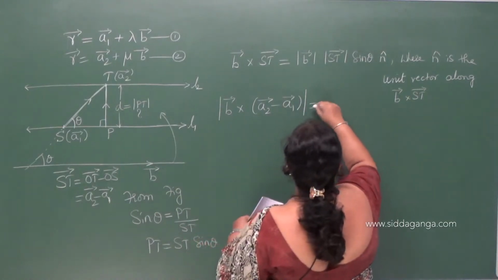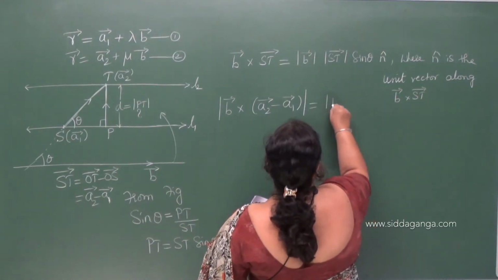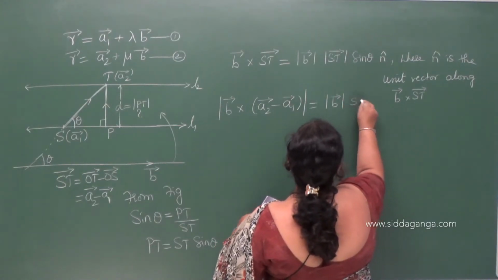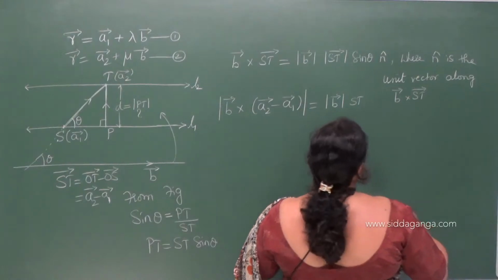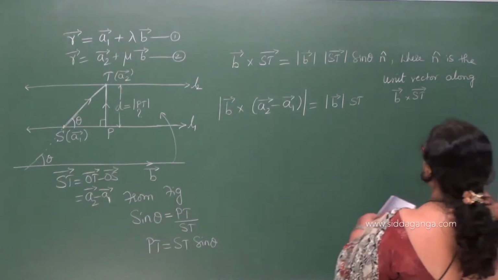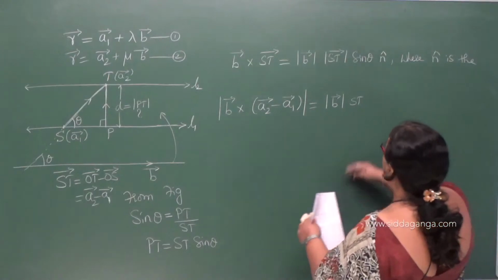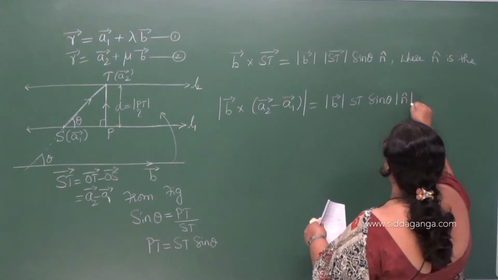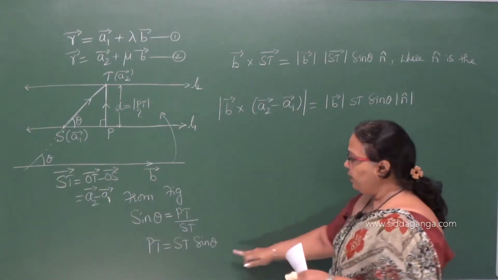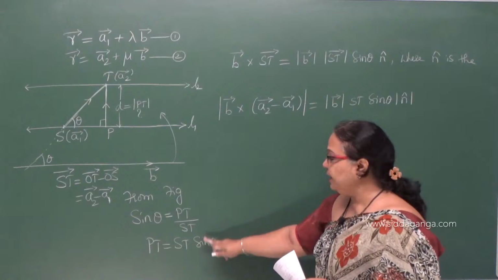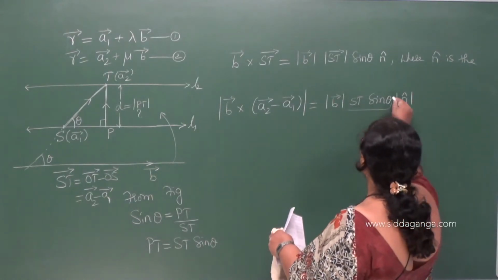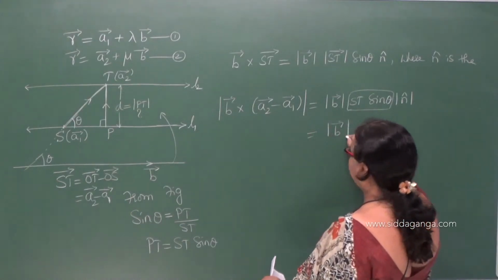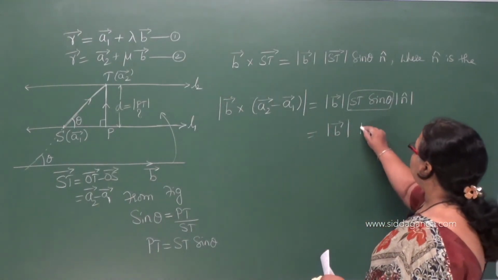So the modulus of magnitude of vector B into magnitude of vector ST, which is nothing but ST, into sine theta, into magnitude of n cap. Here, according to the sine theta ratio, ST into sine theta we can take as PT.